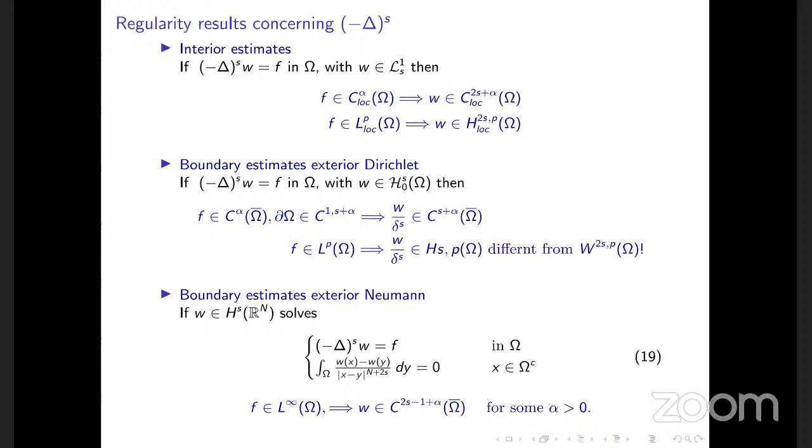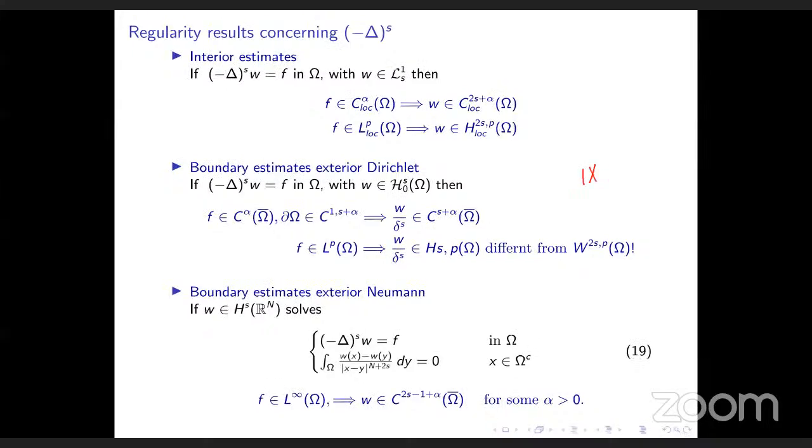Yes, in fact, there is a kind of W^(t,p) regularity, of course. What one knows is, for example, if f is in L2, then you are in H, or maybe W is the same, 2s plus 1/2 minus epsilon.